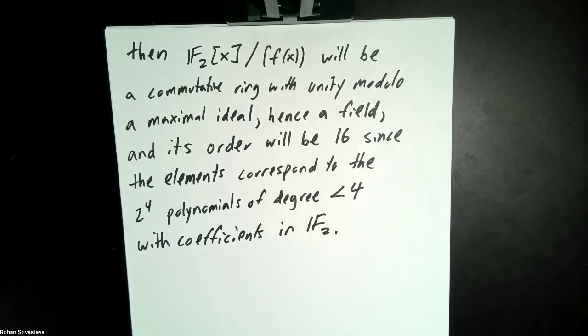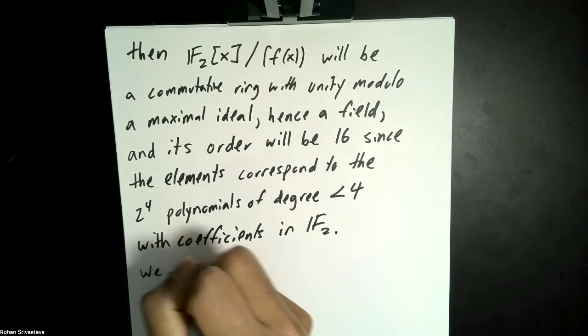So we have two choices for four things, so 2 to the fourth possibilities, which is 16 elements of this field. So what this means is that all we have to do is find an irreducible degree 4 polynomial over the field F2.